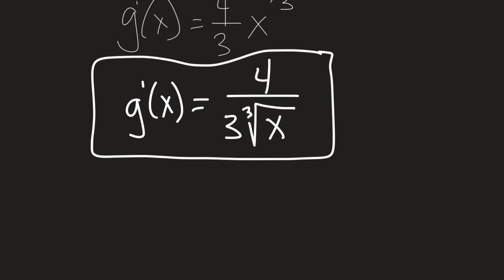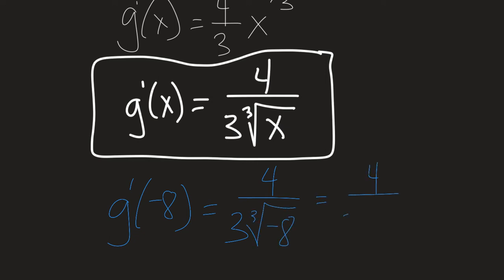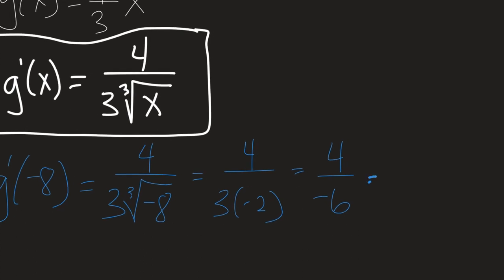Okay, one more thing is to now plug in -8 to find the slope. So 4 over 3 times the cube root of -8 is once again 4 over 3 times -2, which is 4 over -6, which is -2/3.